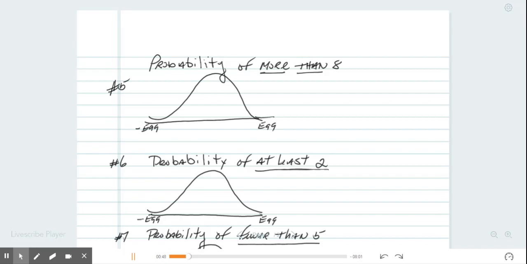Here's the deal. Wherever I put the 8 doesn't make much of a difference here, but this is what I'm going to do. I'm going to draw a line and put an 8 there. I'm not going to put an 8 along the horizontal line. 8, for all intents and purposes, does not exist. If you're putting in a whole number for your lower bound or your upper bound, you're doing it wrong.